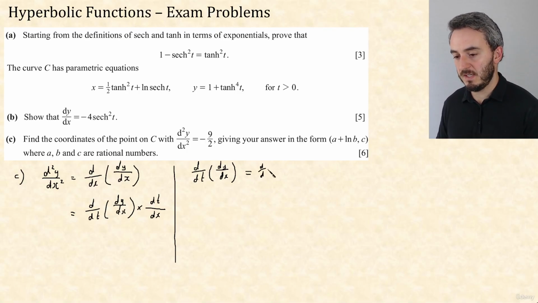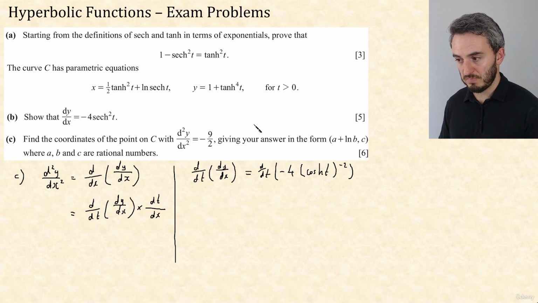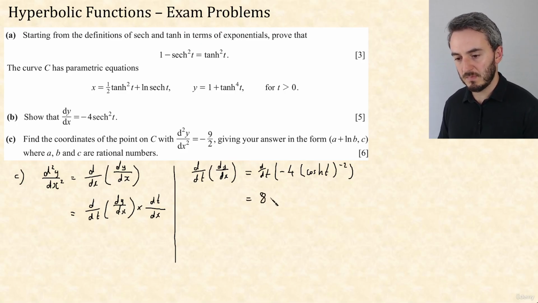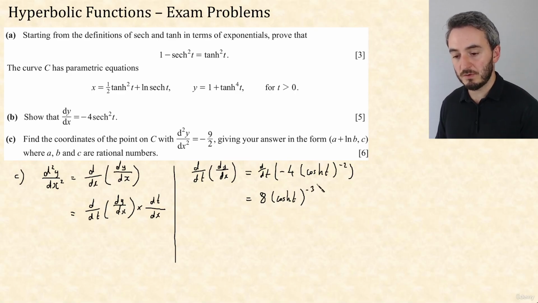So that's d by dt of, well, what is this? This is the same as minus 4 times cosh t to the power of minus 2, right? The minus gives me the reciprocal, which gets me sech, and the 2 gives me the squared there. So I can differentiate this because the power comes down: 8 cosh t to the power of minus 3, multiplied by the derivative of cosh, which is sinh t.